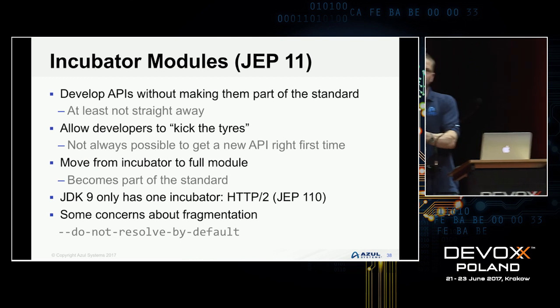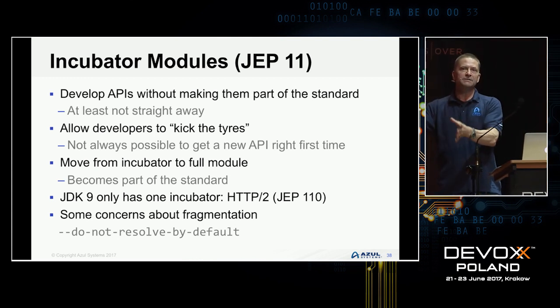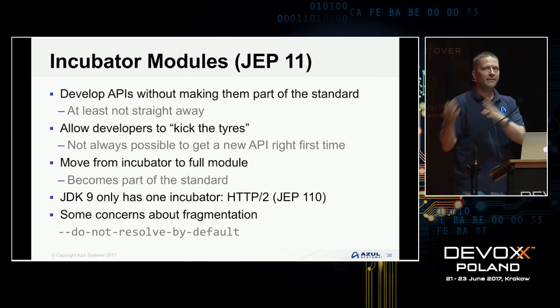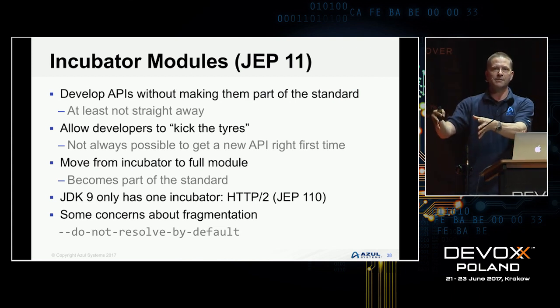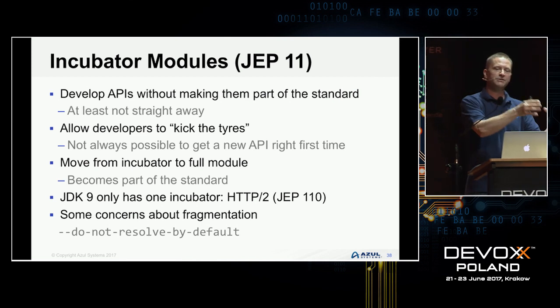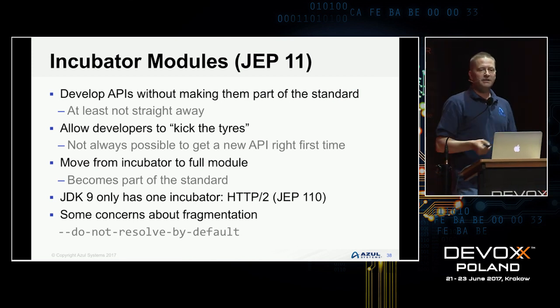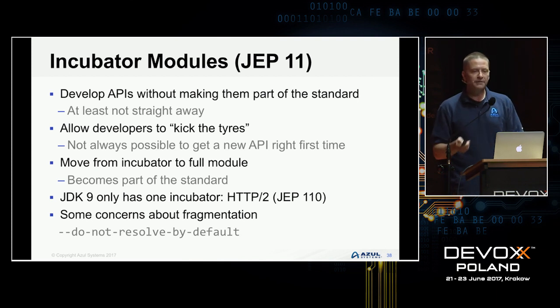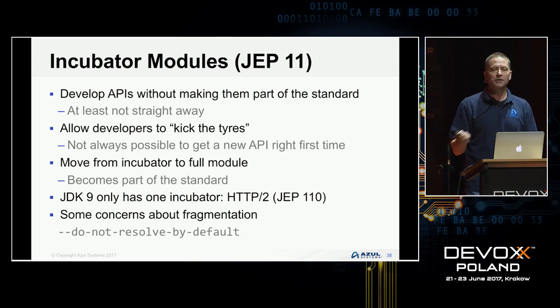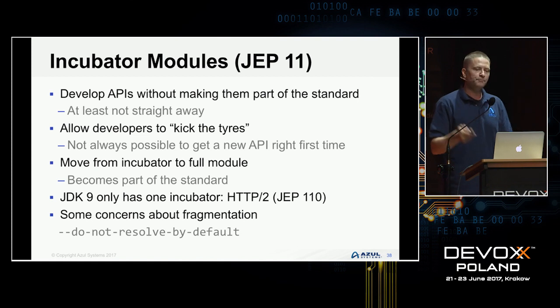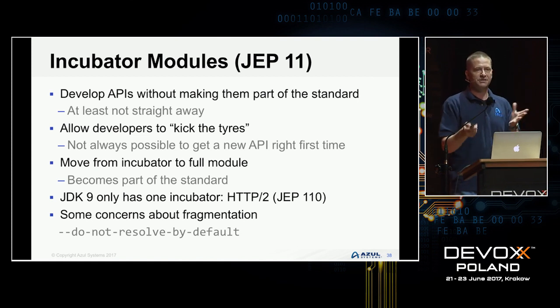So the idea of an incubator module is we put the new API into the JDK, let people try it out, see what they think of it, and then when changes need to be made, we can do it in the incubator module before it gets put into the standard API. At the moment, JDK 9 only has one. That's the HTTP2 module, but that basically means that there's something you can play around with in that.